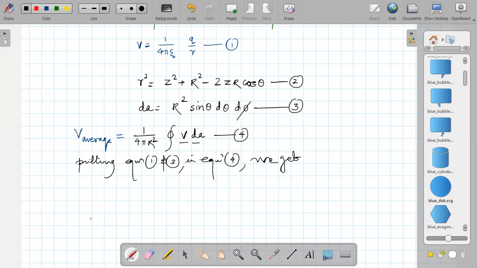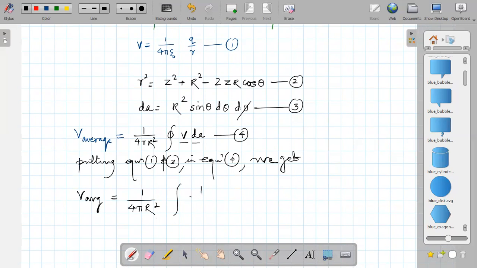Therefore we can write equation 4 as V average, I will write only V avg, is equal to 1 upon 4 pi R square integration of V. What is the V?